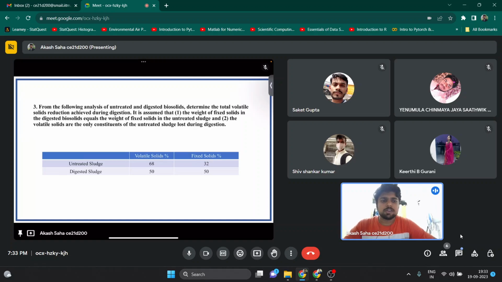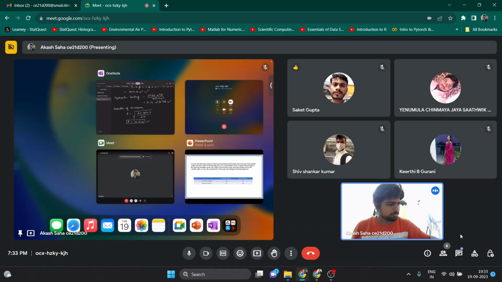The fixed part will remain as it is. So we generally assume that, but here in this question it is specifically stated also. So it is a universal fact in digestion. Okay, so we'll see how to solve the problem now.